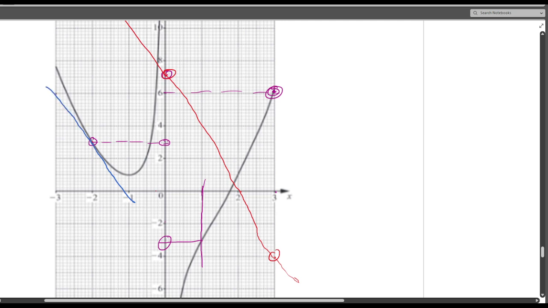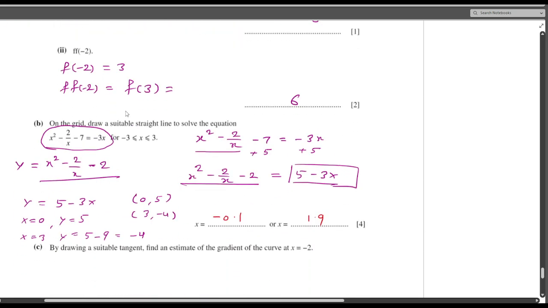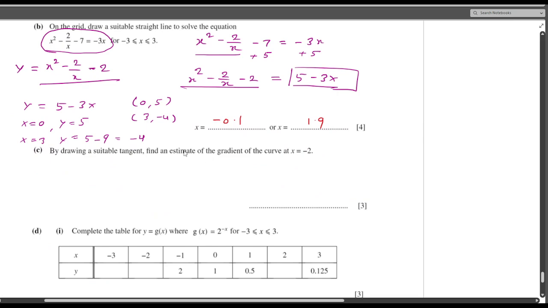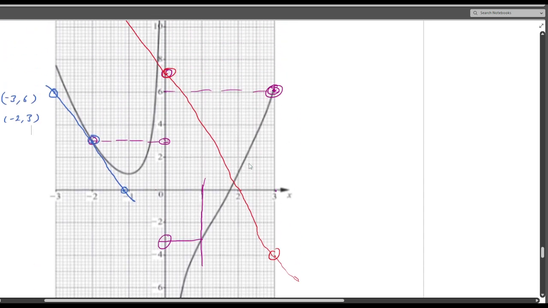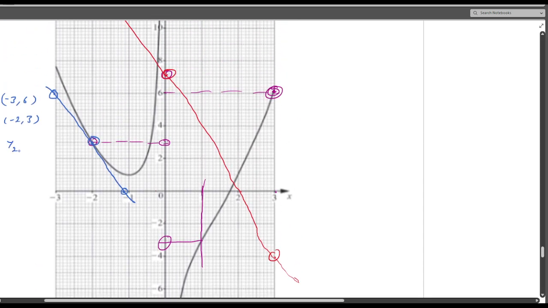Once you get a line, take 2 points on this line. Say I take this point and this point. So you have one point as minus 3 comma 6 and the other point as minus 2 comma 3. Now you have to find the estimate of the gradient. The gradient is y2 minus y1 upon x2 minus x1.